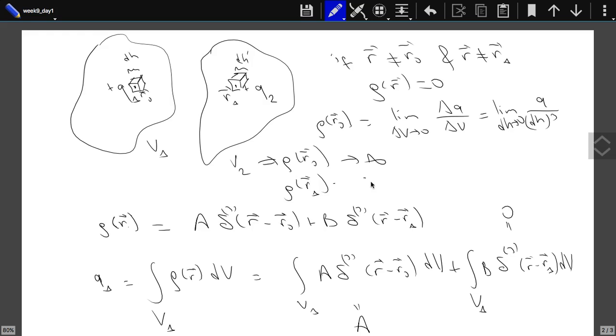Rho at R1 is equal to the limit of what is the total charge of that volume? Q2 divided by dH cubed in the limit as dH goes to 0. Q2 is finite, dH cubed goes to 0, so this diverges.